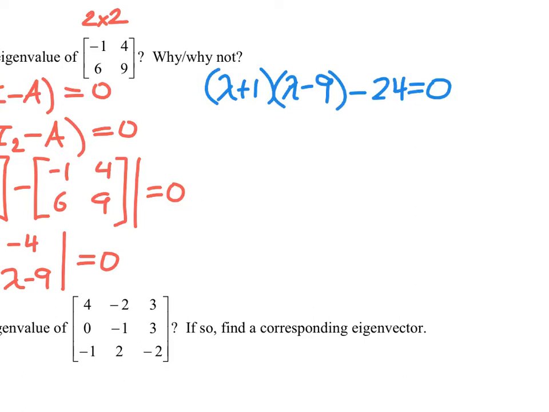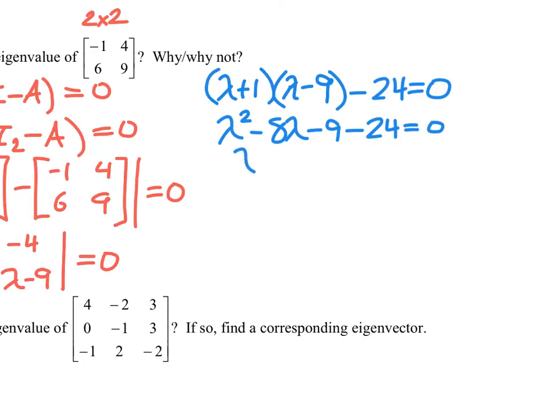So anyway, I'll do it by hand, and then I'll go back and show you how you can do that on a calculator if you don't already know. So lambda squared minus 8 lambda, assuming my pen wants to function without turning off arbitrarily, minus 9 minus 24.